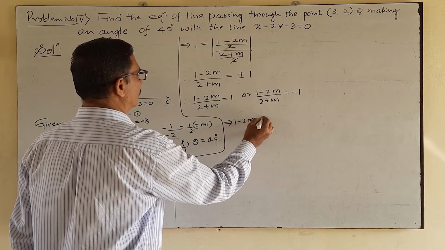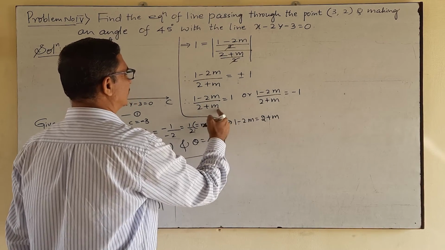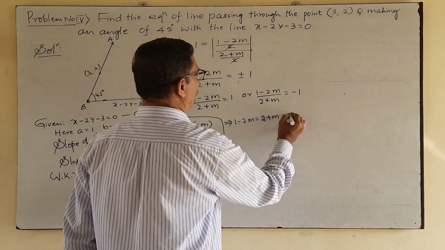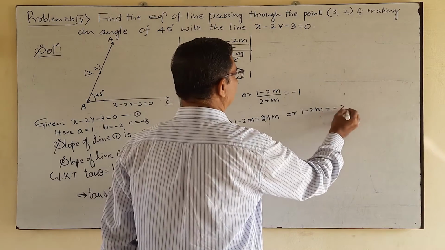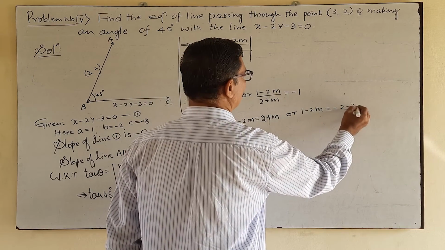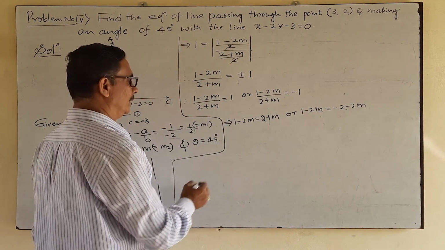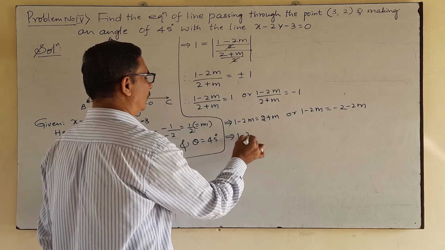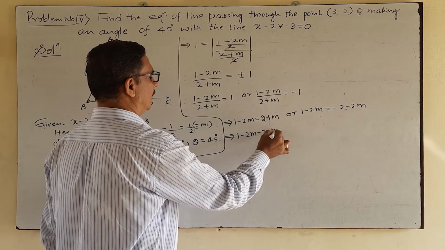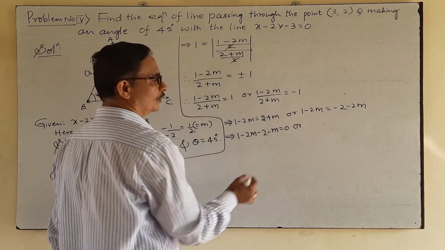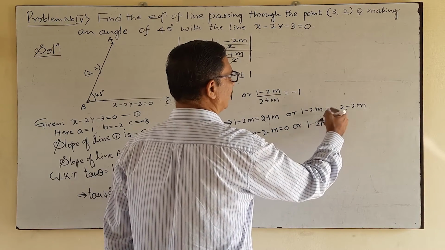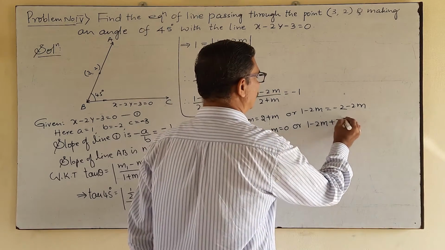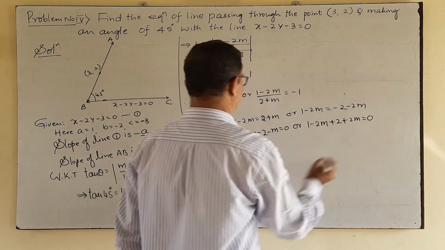1 minus 2m is equal to 2 plus m into 1, 2 plus m, or 1 minus 2m is equal to cross multiply minus 1 into 2 minus 2 minus 2m. Okay? Then simplify. 1 minus 2m minus 2 minus m is equal to 0, or 1 minus 2m, take equal on right side, plus 2 plus 2m is equal to 0.